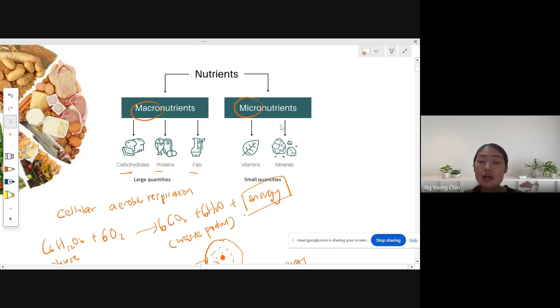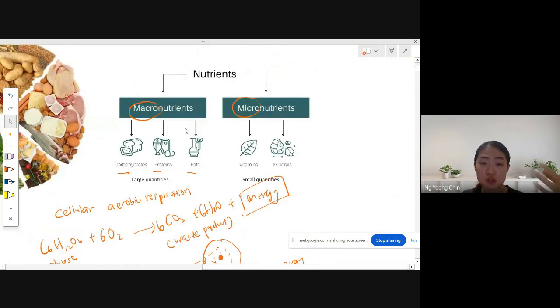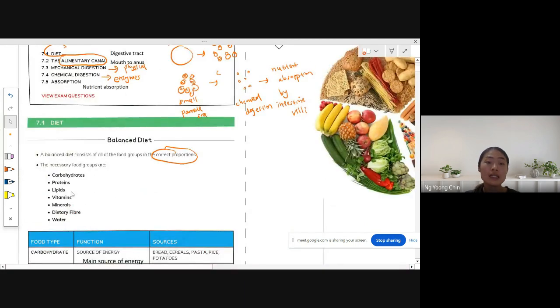Micronutrients means that our body requires those nutrients, which are the vitamins and minerals, in a very small quantity only. But both, no matter macro or micro, are essentially needed by your body. One is needed in large quantity, the other in small quantity. That's the difference.